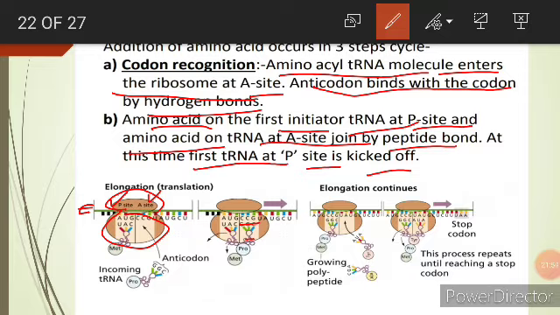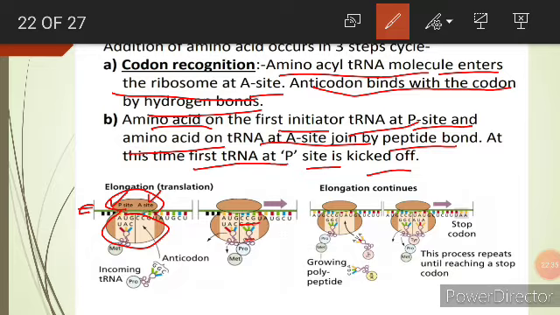The carboxylic group of the first amino acid, AA1, is going to react with the amino group of the second amino acid. Very specifically, the amino acid present on the P site is going to react through its carboxylic group, whereas the amino acid present on the tRNA at the A site is going to react with its amino group, and then a peptide bond forms between the two amino acids.